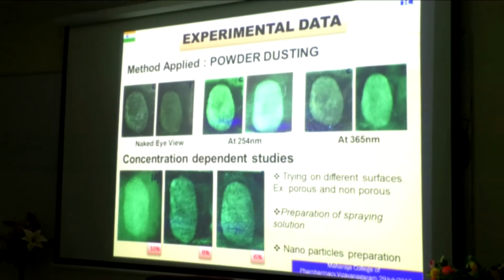You can identify the sweat glands and their distribution in the fingerprint you collected. That means primary, secondary and tertiary level you can do, so that you can easily detect it. Your fingerprints are very, very specific to an individual. So definitely you can catch the person with this primary, secondary and tertiary data using fluorescence microscopy. That is what I would like to do. That means the fluorescence technique you can use.